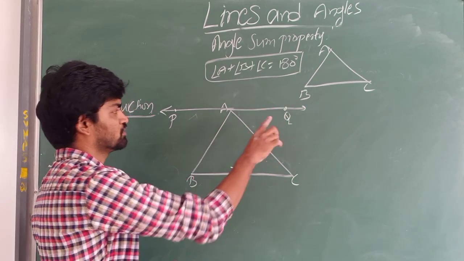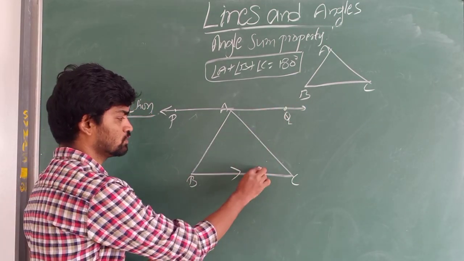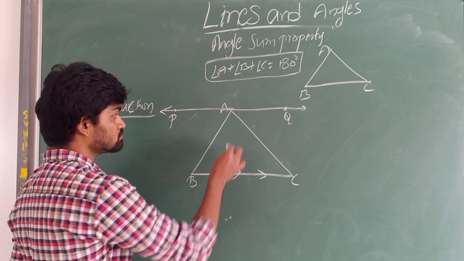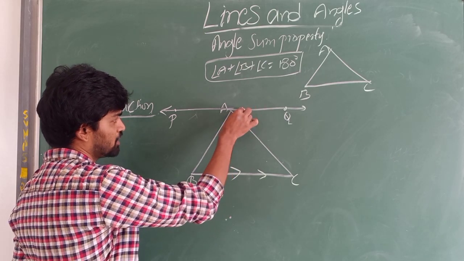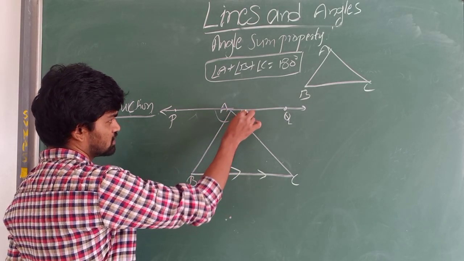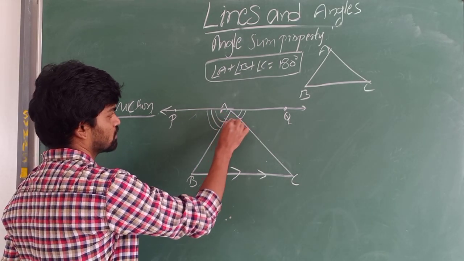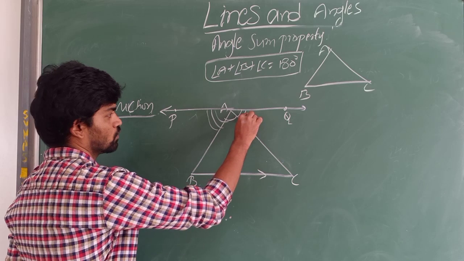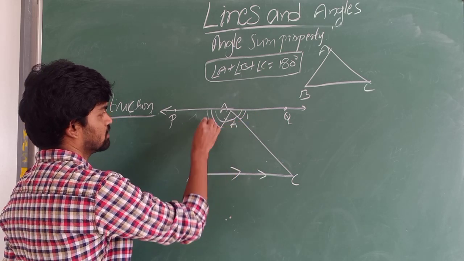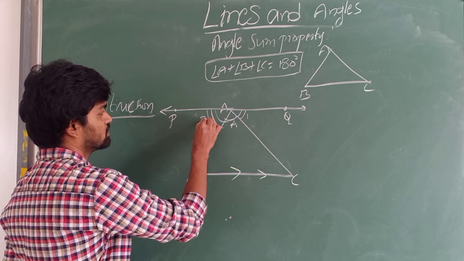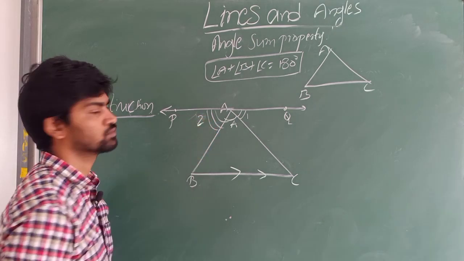So PQ is a line which is parallel to BC. Now on PQ, three angles are formed. One, this is angle A, and this is angle 2.